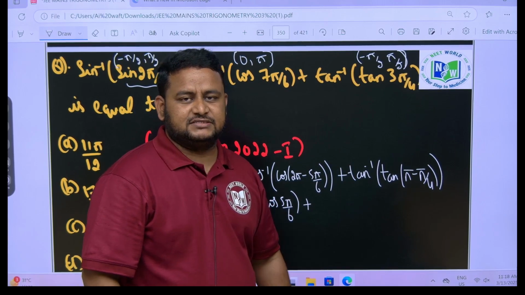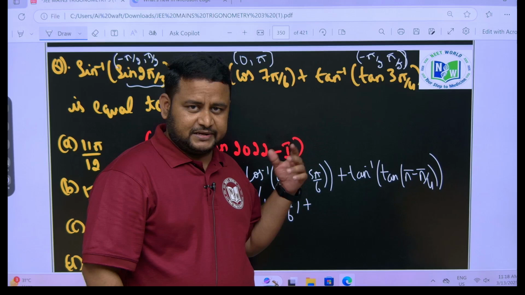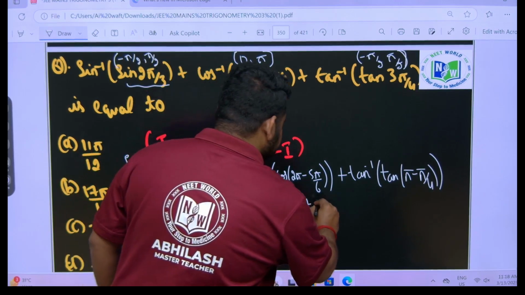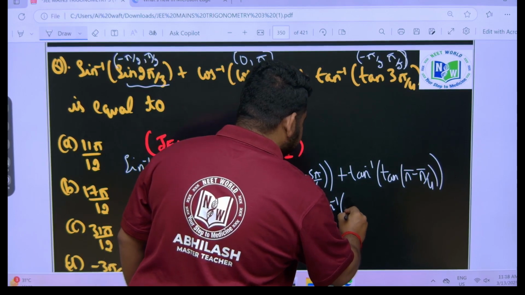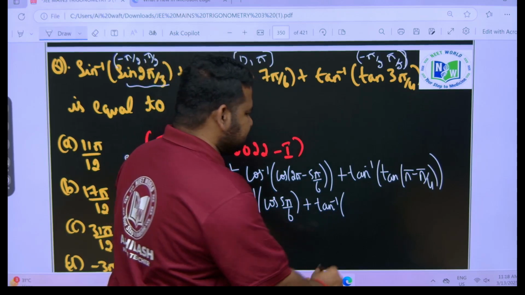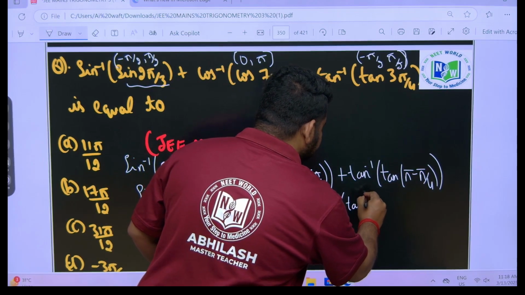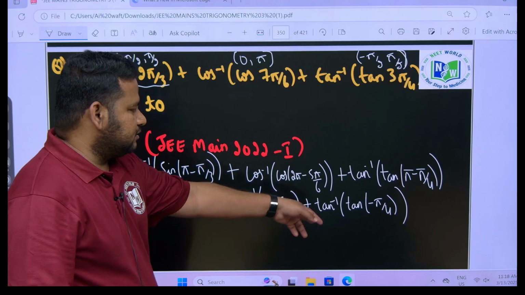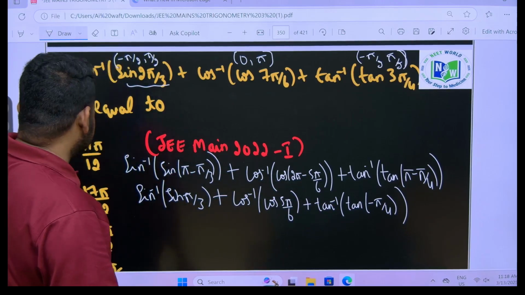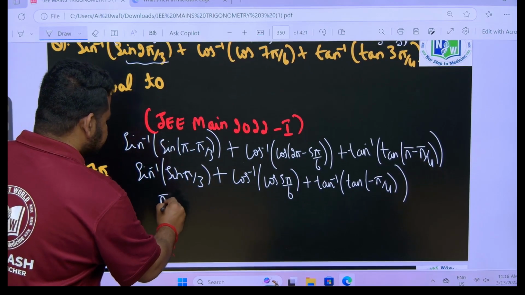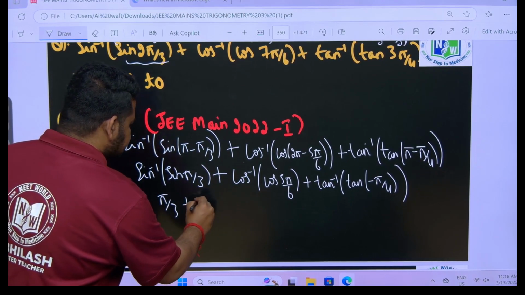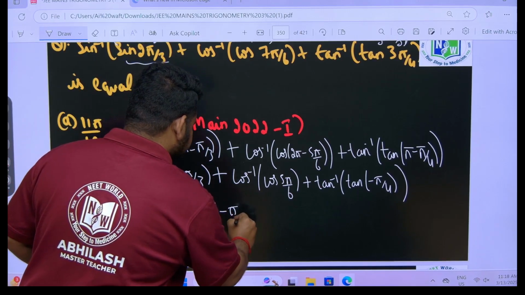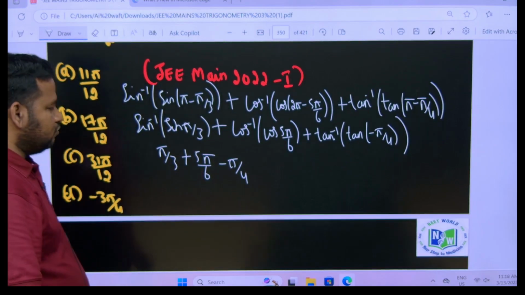Tan of 180 minus theta is in the second quadrant, and in the second quadrant tan is negative. So this will become tan inverse of tan of minus pi by 4. Got it? So this will be pi by 3 plus 5 pi by 6 minus pi by 4. So what is the LCM, friends?